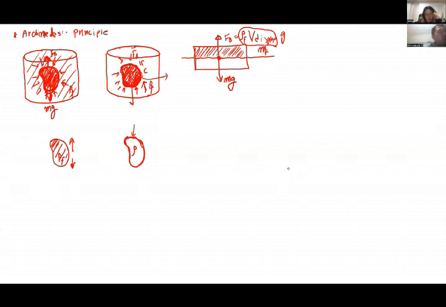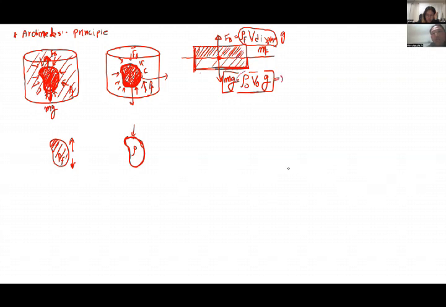And now you have gravity, which is rho naught times volume V naught times g. This is a very specific example to explain the Archimedes principle, because now you have the total volume of this object subject to gravity, which is mg.